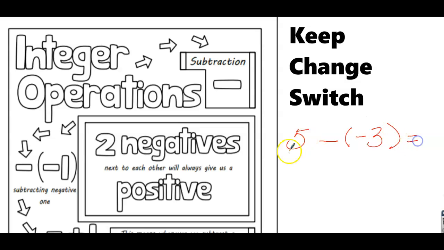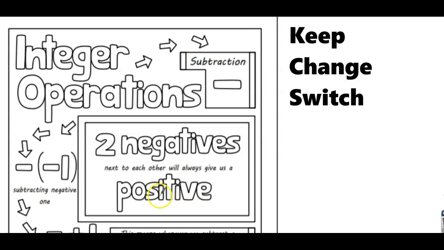You keep the first number the same, you change subtract to add, and you switch the sign of the second number. In this case, the second number is negative, so we will change it to be a positive number. Then we just add these together. 5 plus 3 is 8.